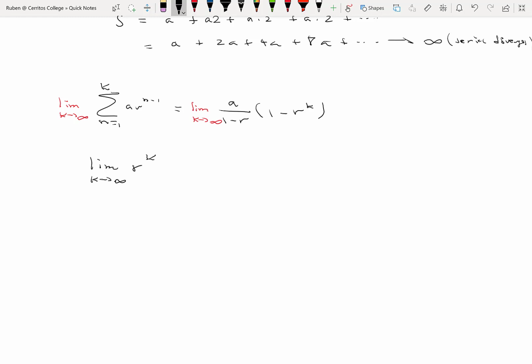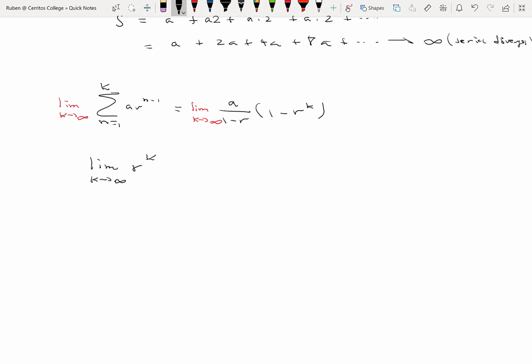So if R is something more than 1, like 2 to the K, or 3 to the K, or 4 to the K, or 7 halves to the K, what happens with 7 halves to the K? 7 halves is 3.5. 3.5 times 3.5 times 3.5 times 3.5. 3.5 is 350%.